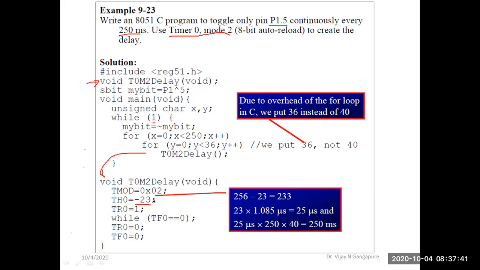Okay, now see why we have put minus 23 here, or what will happen when TH0 gets loaded with minus 23. See here, in TH0 what value are we loading? That is the 2's complement of 23, which means 23's first complement plus 1.